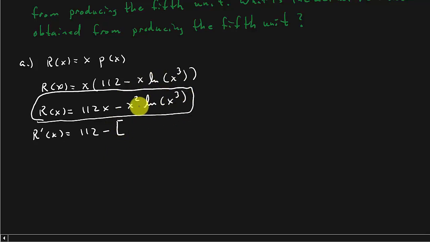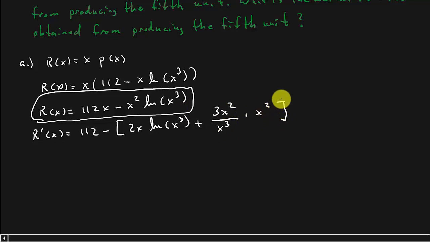So this is product rule. It's the derivative of the first times the second, plus the derivative of the second. So x cubed goes in the denominator, derivative of that goes in the numerator, times the first function, x squared.